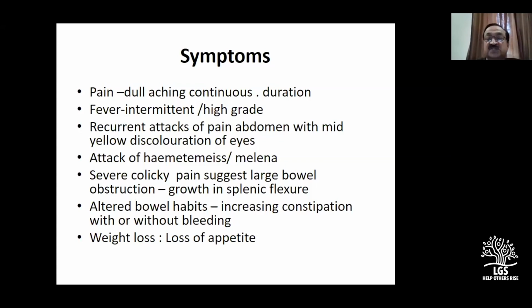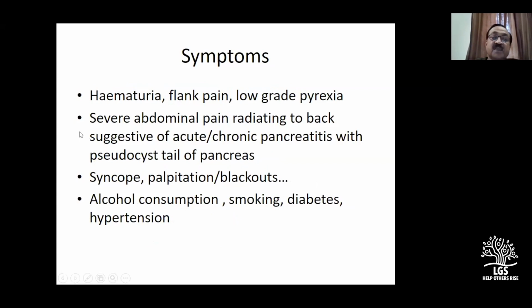So it's no cirrhosis here. It's portal vein thrombosis or splenic vein thrombosis. These are the patients who can present with hematemesis or melena. So when you have a left hypochondriac mass, this is the history which you are going to take. Again, if there's hematuria and flank pain, you think of a renal cell carcinoma here.